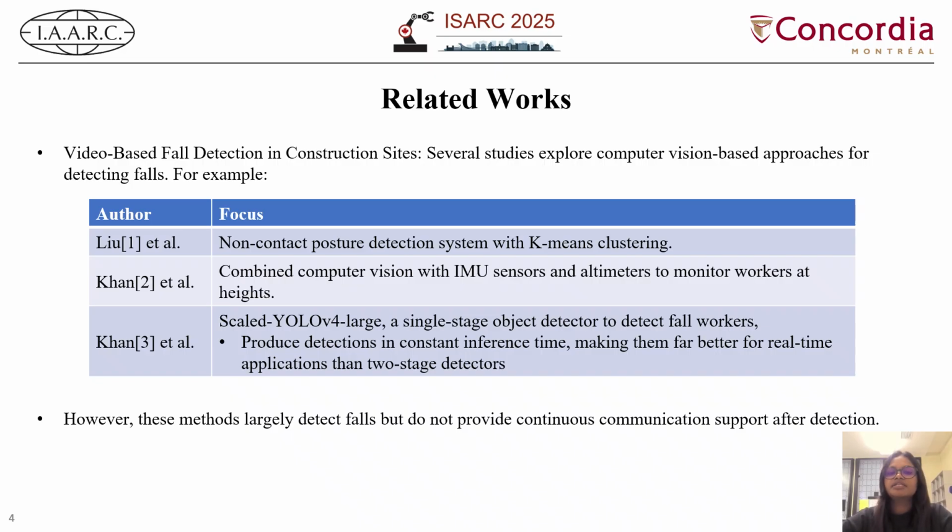Another work uses a scaled YOLO, a single-stage object detector, to detect fallen workers. It produces detections with consistent inference time, making it better suited to real-time applications than two-stage detectors. However, these methods largely detect the fall, but do not provide continuous communication support after detection.